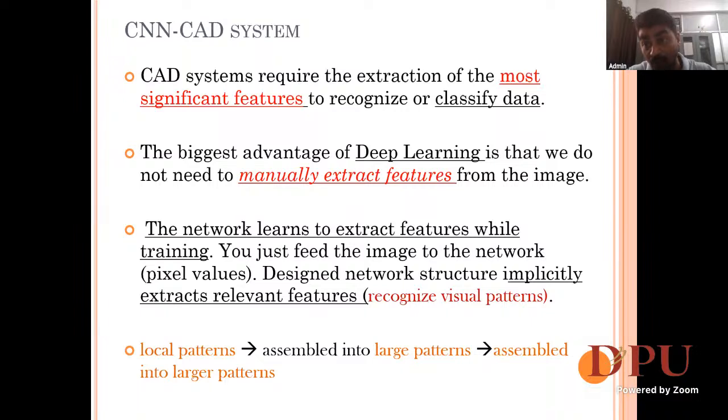That was the main motivation to come up with a faster, more rational and generic framework where human intervention is very low, and ultimately the CAD system gives you a better result. That was the motivation for switching from traditional shallow machine learning to the so-called deep framework. This is how it evolved.